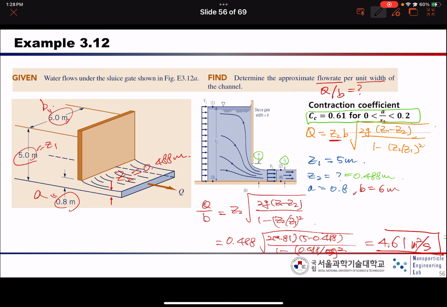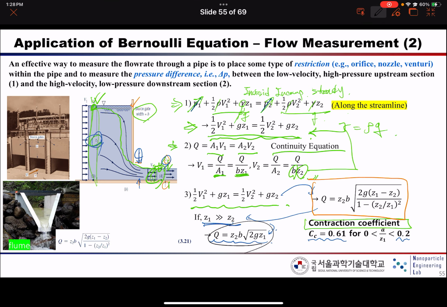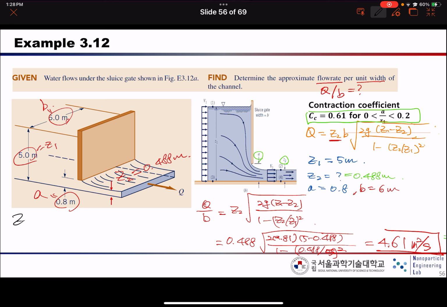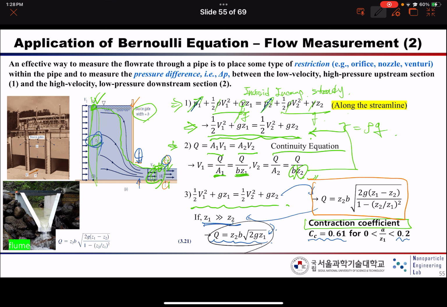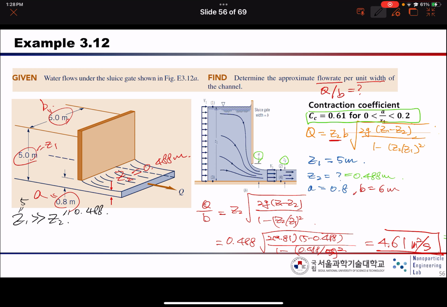So, and also for the discussion, we can also use this equation, right? If the Z1 is much larger than Z2. So here Z1 is 5 and Z2 is 0.488, right? So here the equation is Q equals Z2 B times the square root of 2g Z1, right?